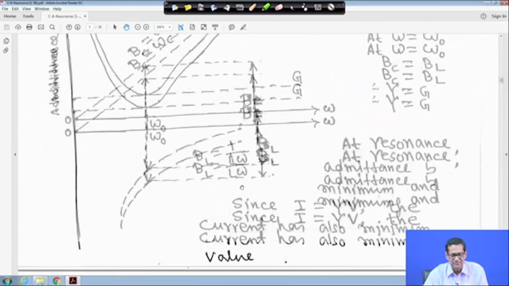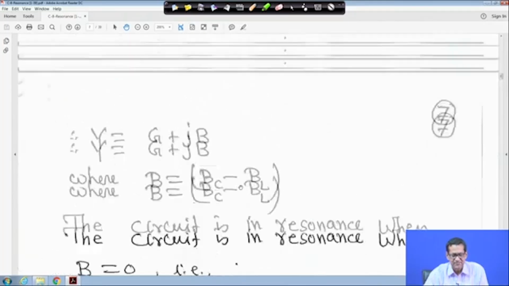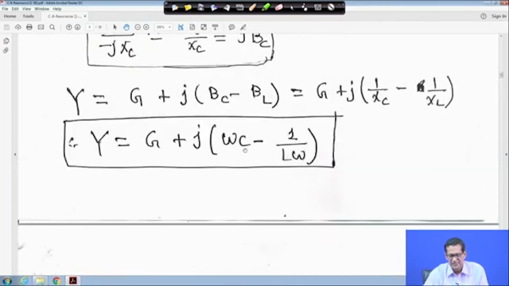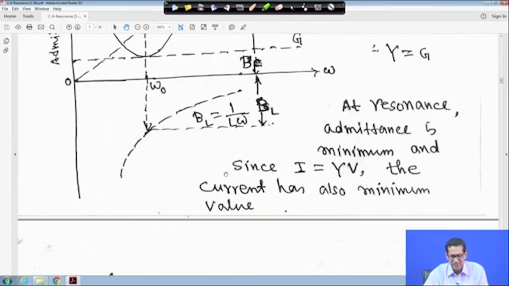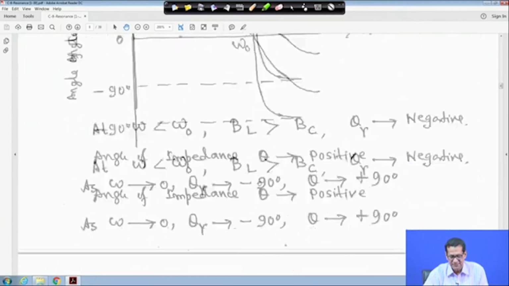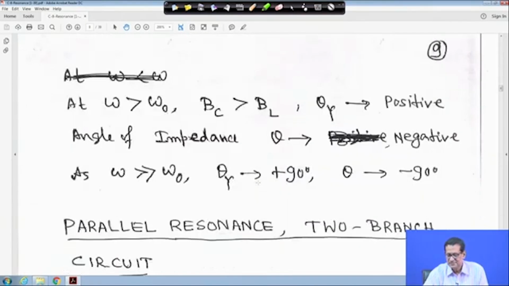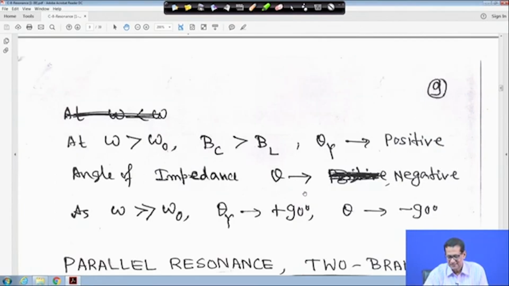That means, when omega is much greater than omega 0, this part is negligible compared to this part, right. In that case the angle of admittance is positive, that is 90 degrees, and therefore theta is equal to minus 90 degrees, right.